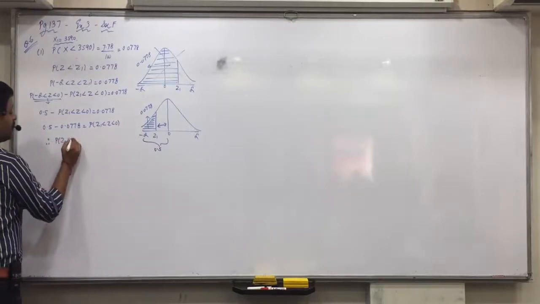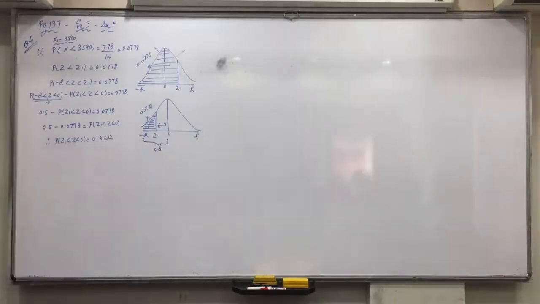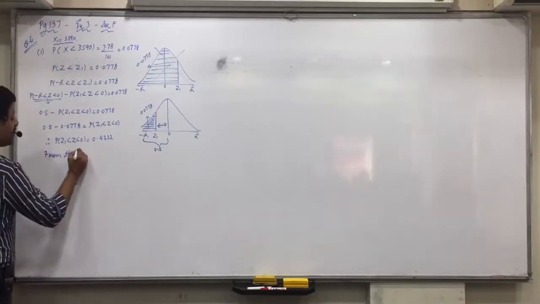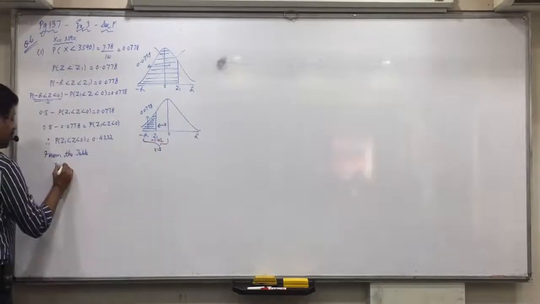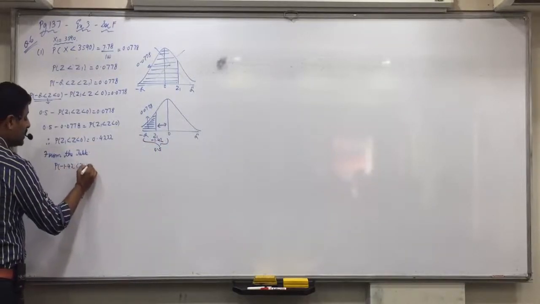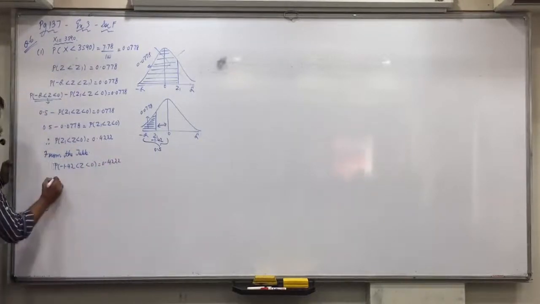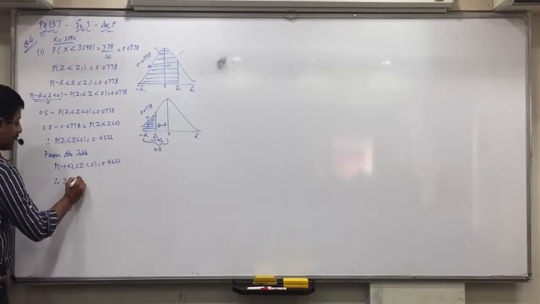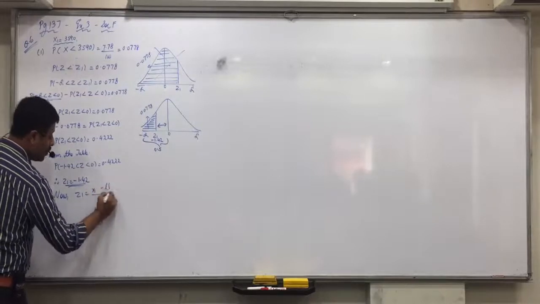So P of z1 less than z less than 0 is 0.4222. Now if you see in the table, 0.4222 exactly you will get, that corresponds to 1.42. So directly you will write from the table, left side means it's negative, minus 1.42. P minus 1.42 less than z less than 0 is 0.4222. So z1 is minus 1.42. Now z1 equals x1 minus mu upon sigma.